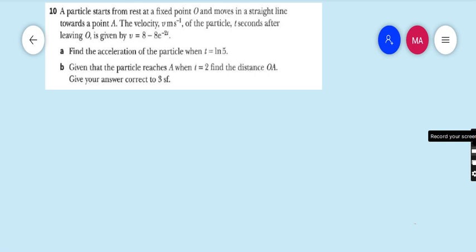So I decided to start chapter number 10, that is permutation and combination. I can show you.